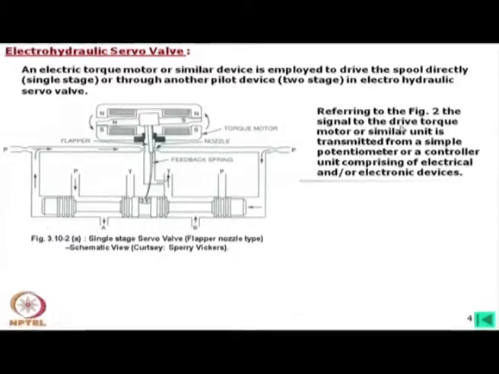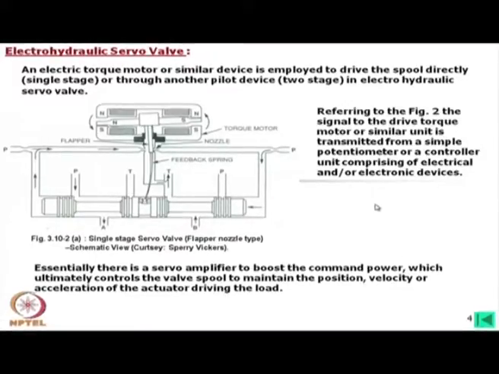Now, referring to this figure, the signal to the drive torque motor or similar unit is transmitted from a simple potentiometer or a controller unit comprising electrical and/or electronic devices. If high torque is required, then definitely you have to take these electrical units. Otherwise, an ordinary electronic device which can generate a small amount of force can also be used there.